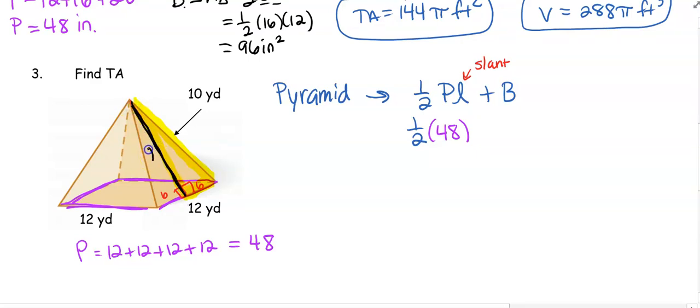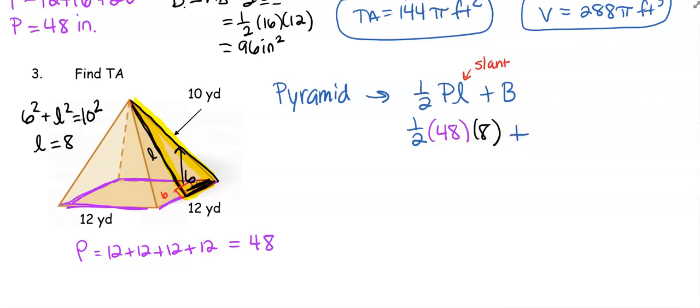I can find my slant height by doing Pythagorean theorem with this piece. 6 squared, this base, plus the other side length, L squared, is equal to the hypotenuse squared. And then we find that our slant height here is going to be 8.